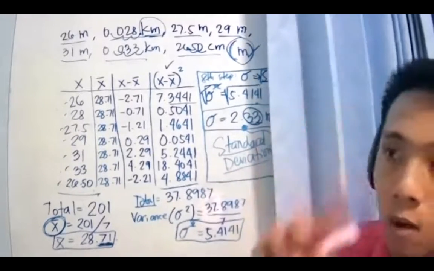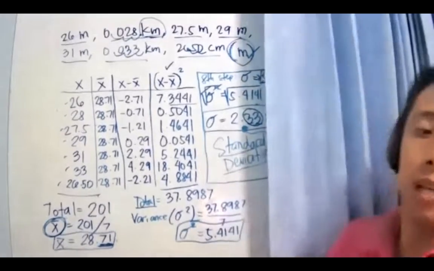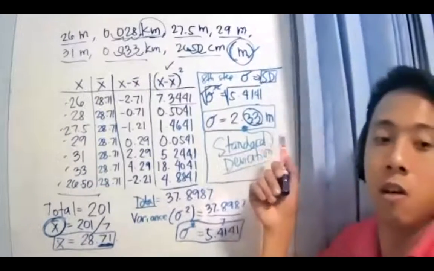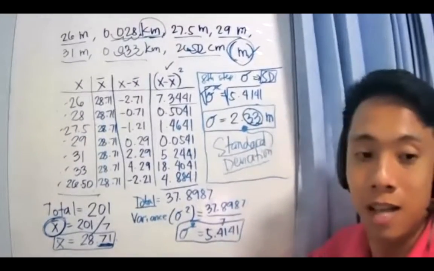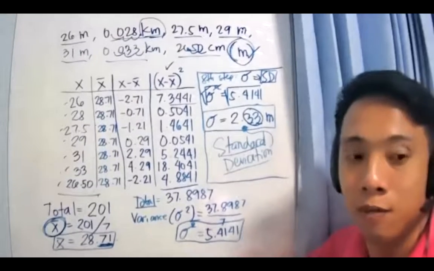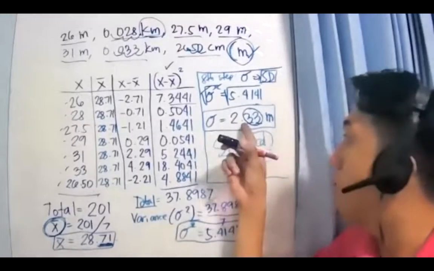Okay? Dalawa lang ha, dalawa lang. If you will see the PowerPoint, our answer is not the same as the answer in Keeper. Ang answer doon is 2.5 something. But our answer is 2.33.